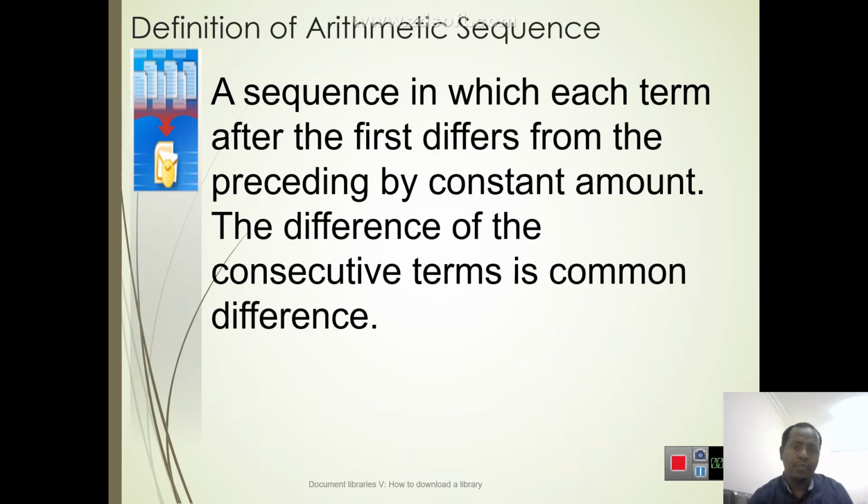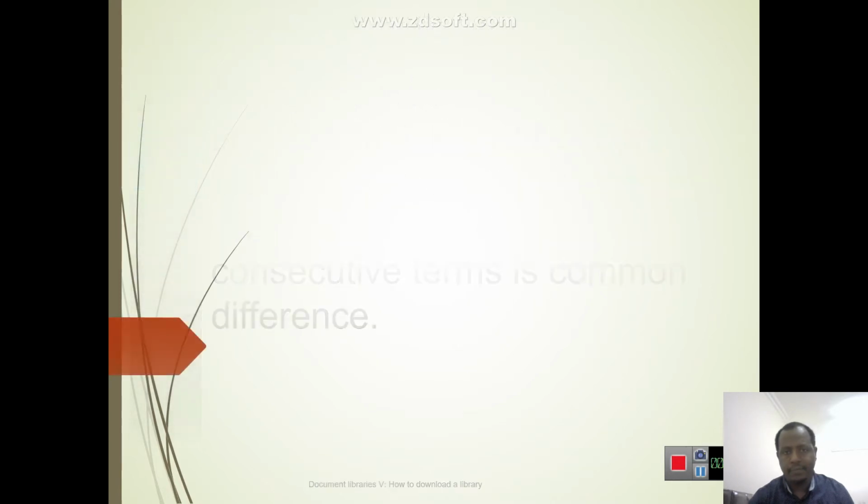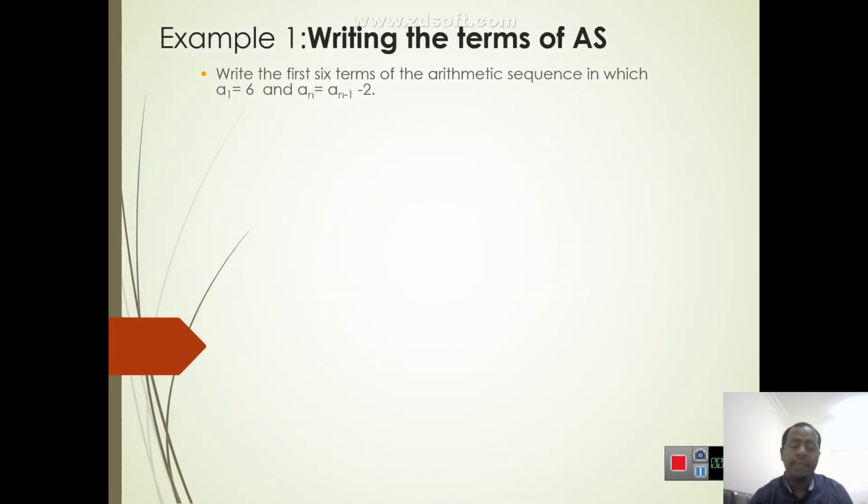Now, this is the definition of an arithmetic sequence. Let's go to example 1. This example is from your textbook: writing the terms of an arithmetic sequence. You are asked to write the first 6 terms of an arithmetic sequence in which a sub 1 equals 6 and a sub n equals a sub n minus 1 minus 2.